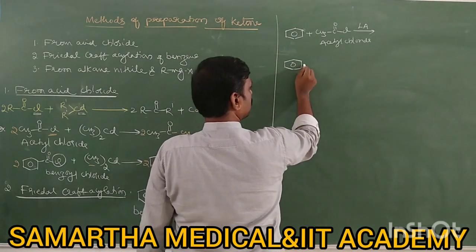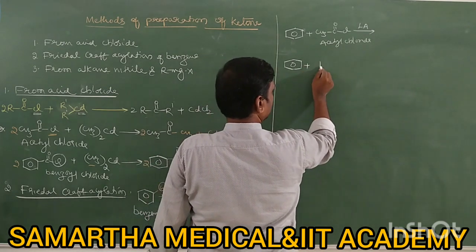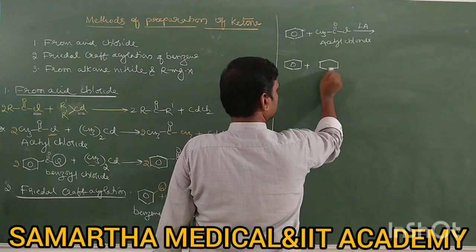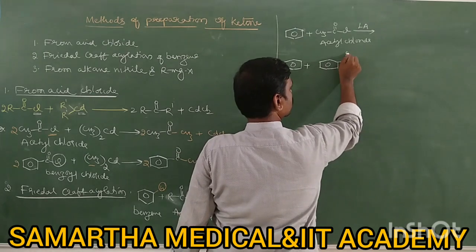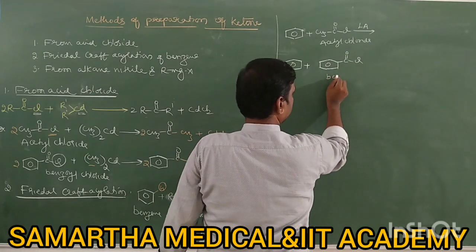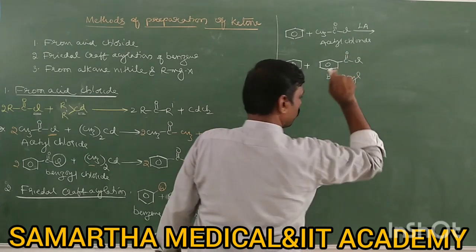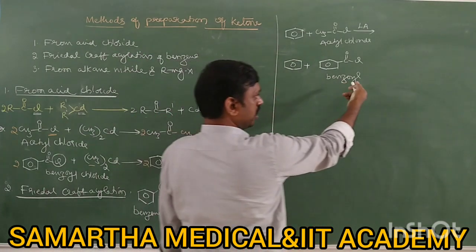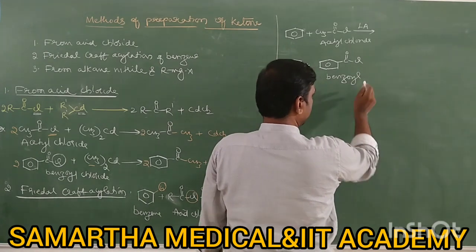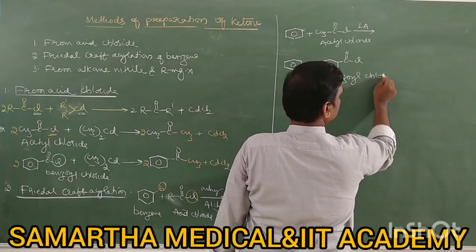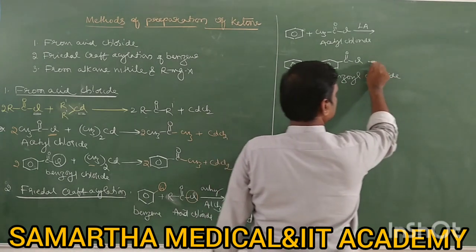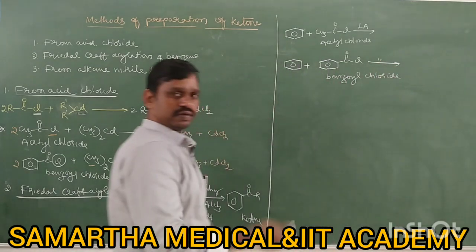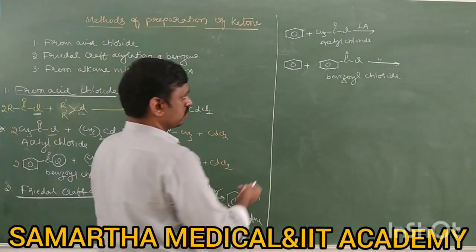Next, one more example. Benzene plus, let us take benzoyl chloride. This is benzoyl chloride, not benzyl. I am writing the name repeatedly, it's very important. Benzoyl chloride in the presence of a Lewis acid, write the product.